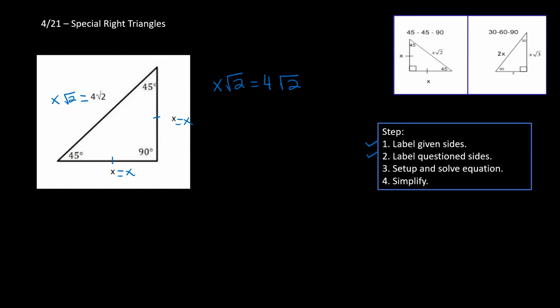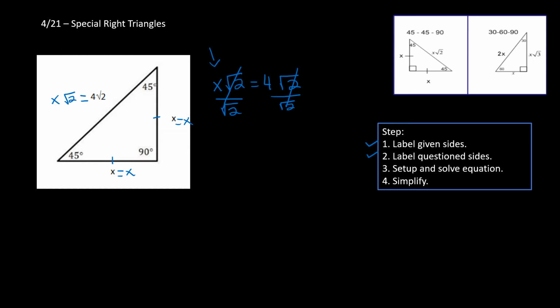So now we need to solve for x. We're going to want to use reverse operations here. To isolate our x value and simplify out this radical of 2, we want to divide both sides by the square root of 2. So we know that x square root of 2 divided by square root of 2 will simplify out and give us a value of 1.